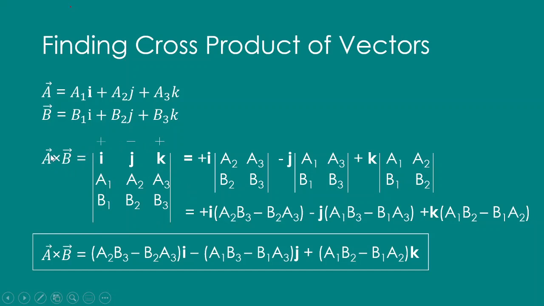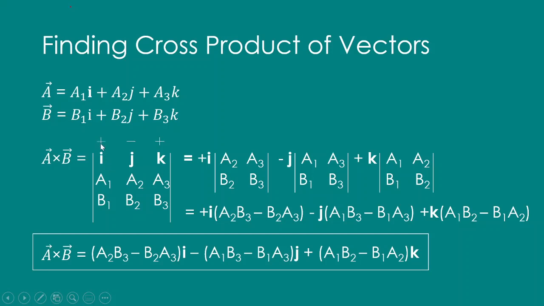To set them up, we draw two horizontal lines and write the individual unit vectors i, j and k, and below the unit vectors we write the coefficients: for the a vector a1, a2, a3, and for the b vector b1, b2 and b3. We also give the sign notation on top of them.